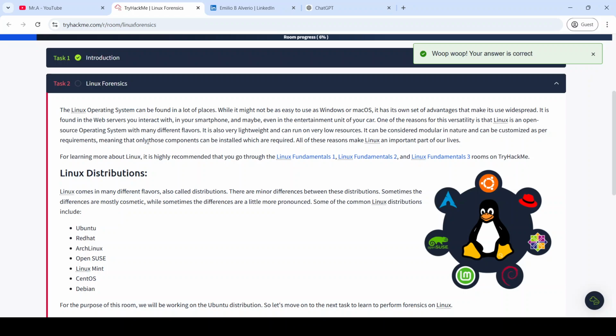So Linux forensics. Linux operating system can be found in a lot of places. While it might not be as easy to use as Windows and macOS, it has its own set of advantages that make it widespread. It is found in the web server you interact with, in your smartphone, and maybe even an entertainment unit of your car.